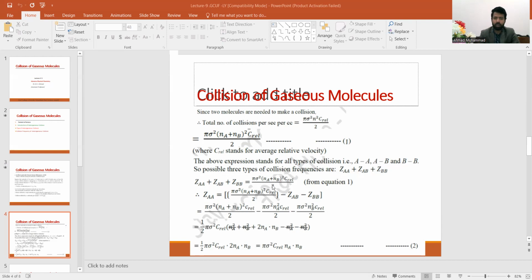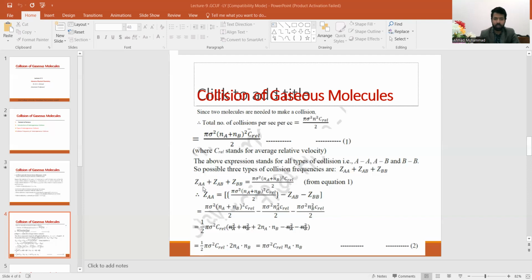The total frequency we already wrote is pi sigma square Na plus Nb square C relative divided by 2, which is equal to the three types of frequencies ZAA plus ZAB plus ZBB.